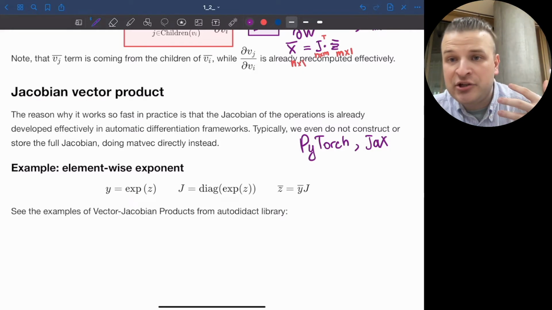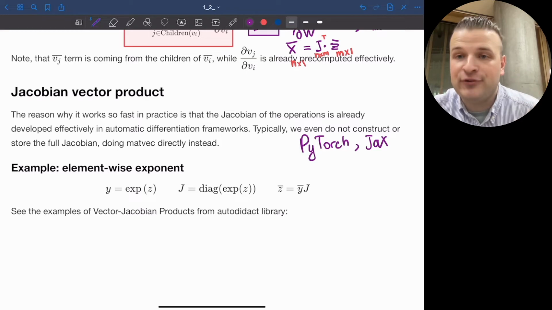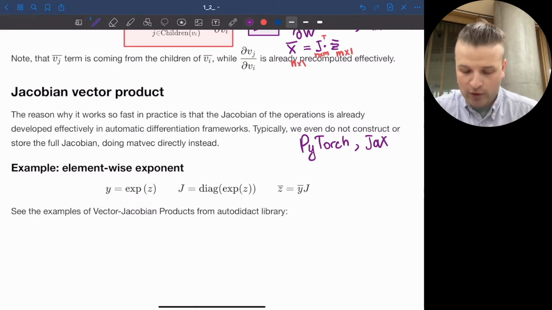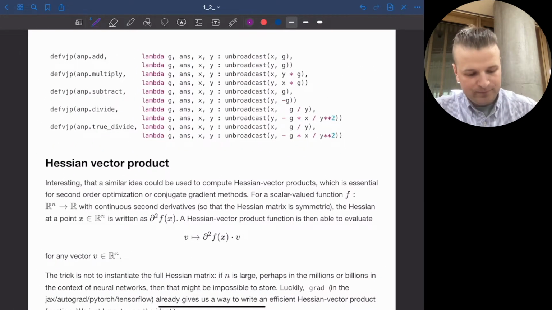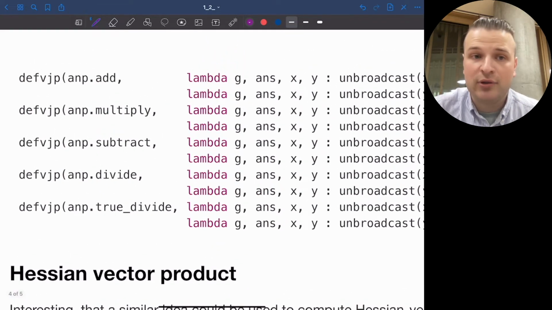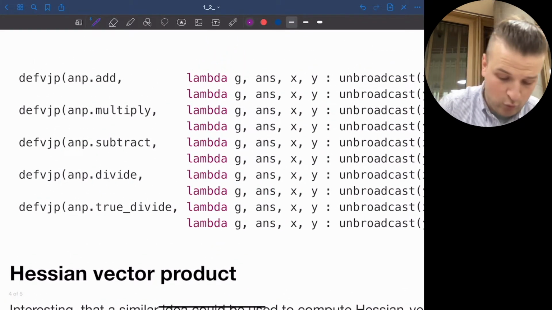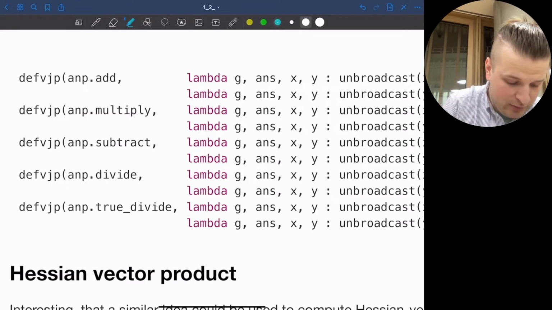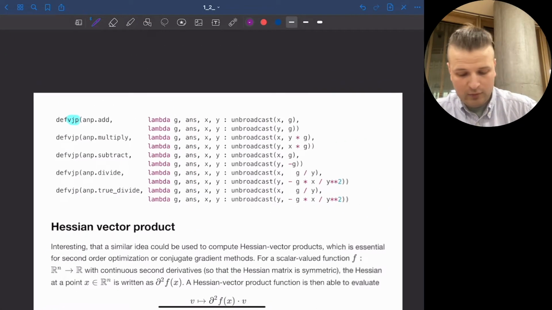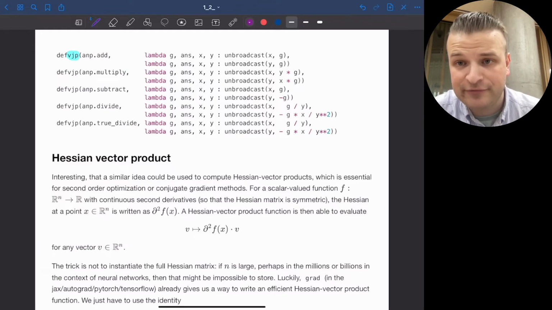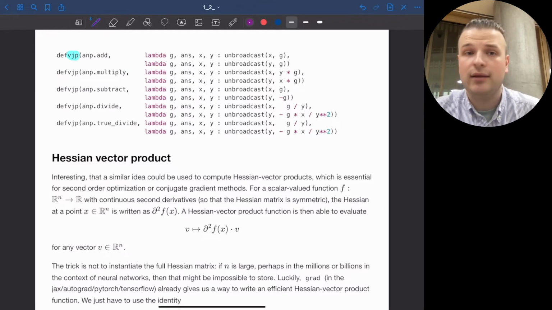All these implementations are done in a very efficient way. That's why it's so fast. Here are some examples of vector Jacobian product, or VJP, of some very primitive arithmetical functions like addition, subtraction, division, and etc.